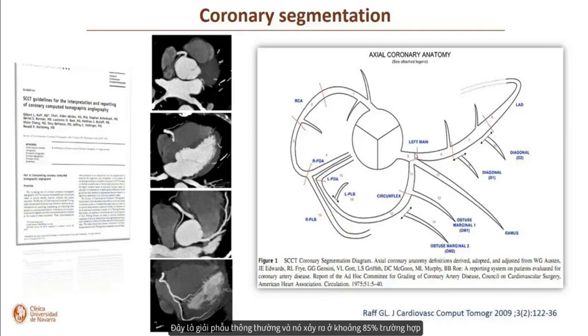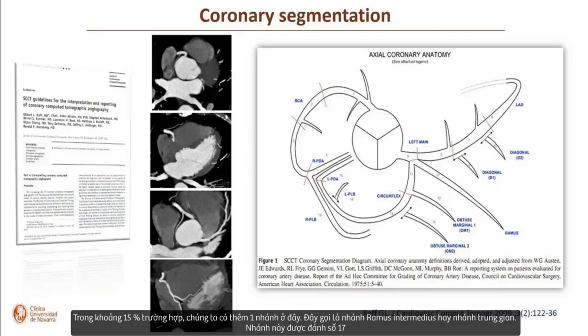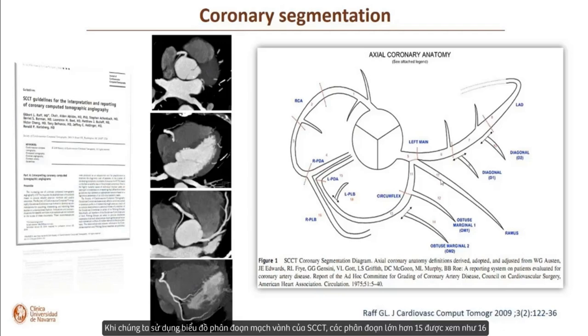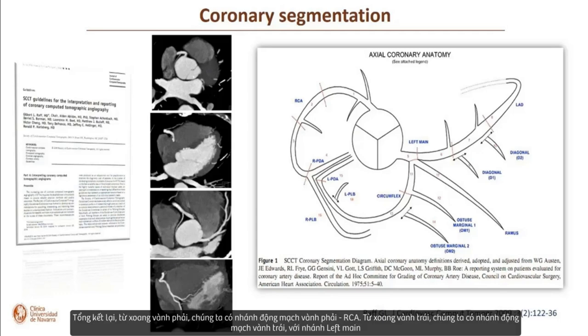This is the normal coronary anatomy, and this happens in approximately 85% of individuals. In 15% of the patients, we will have this branch here, which is called the ramus intermedius, or the intermediate branch. And this is called segment 17 when we are talking about the SCCT coronary segmentation diagram, whereas if they use the AHA 15 segment model, that would be segment 16.